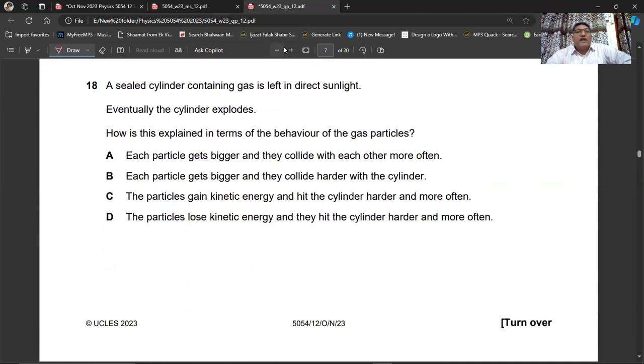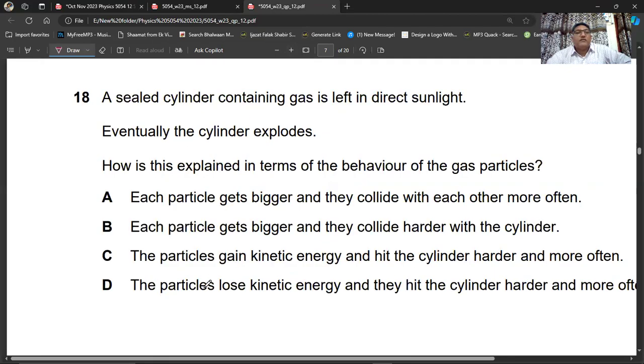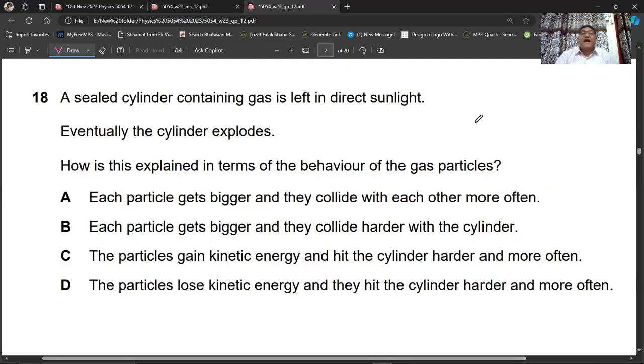Okay, question number 18. It says, a sealed cylinder containing gas is left in direct sunlight. When the cylinder is sealed, it means its volume will not change. Eventually, the cylinder explodes.